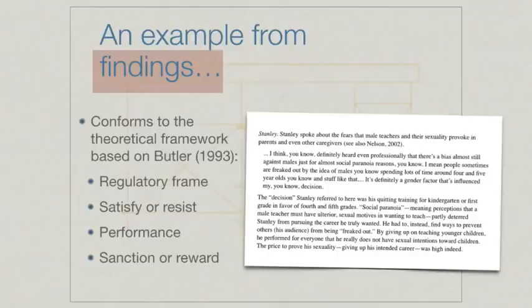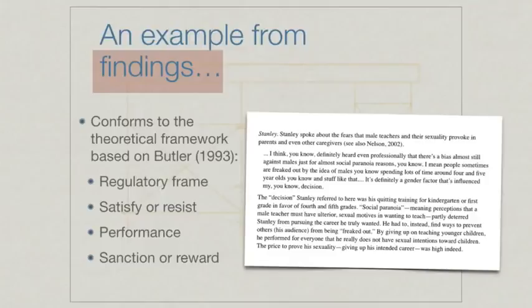And I talk about how Stanley satisfies or resists this notion. You can see his resistance in the way he terms certain aspects of the general public's thoughts on the matter. He calls it social paranoia, or being freaked out, clearly showing that he resists this notion.